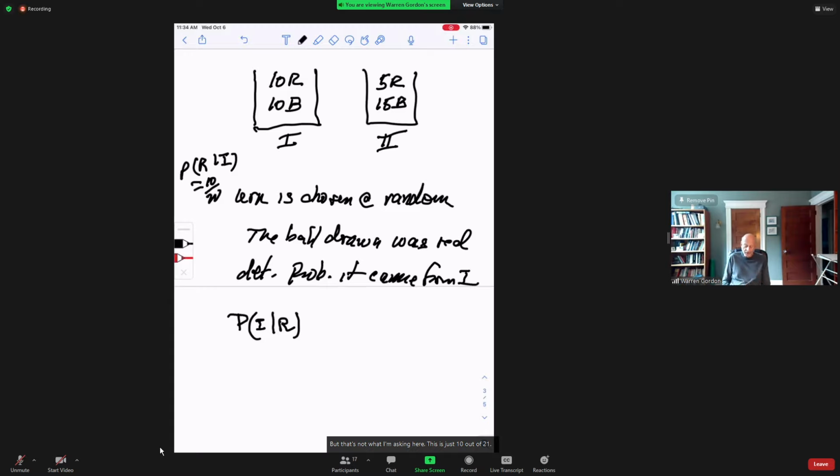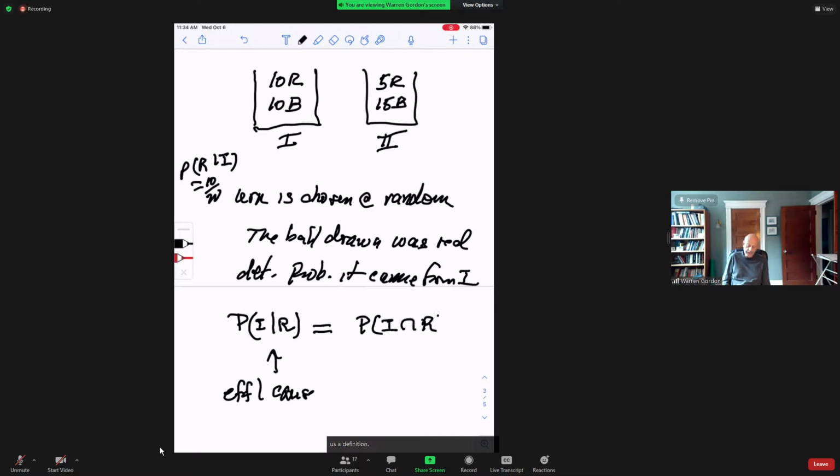What I'm asking here is I'm telling you the outcome of the experiment, the effect of the experiment. I'm asking you about the cause of the experiment. So when you recognize that this is the so-called case where I'm giving you the effect and I'm asking you about the cause, you do this problem as follows.